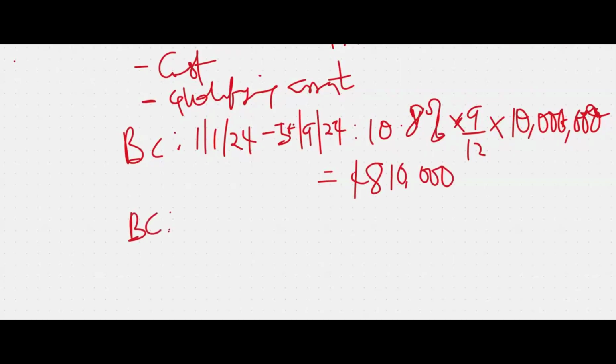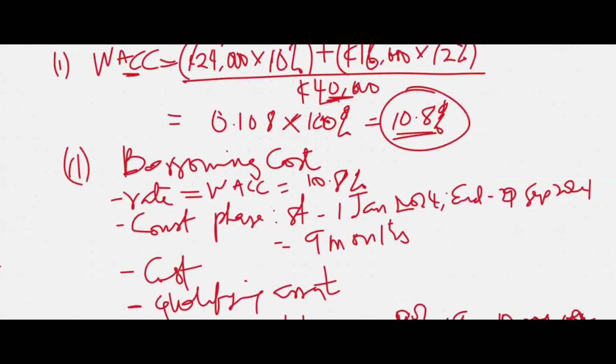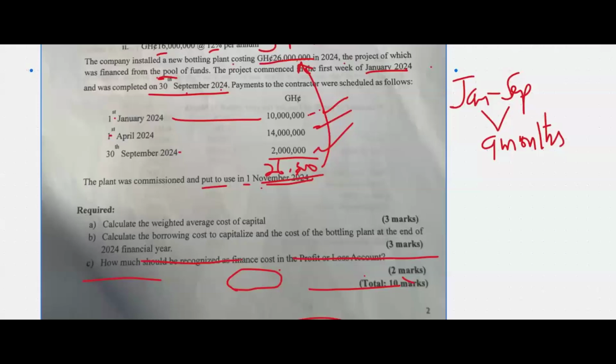The first tranche ran from 1st January to 30th September, which was 9 months. Then from 1st April to 30th September 2024, how many months would that be? 6 months. So we are going to compute the borrowing cost on 6 months.